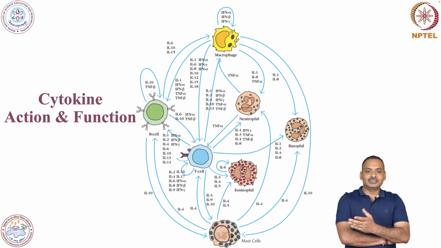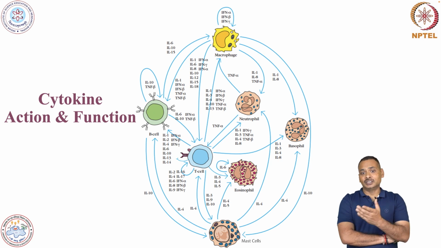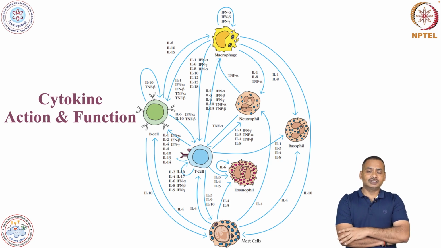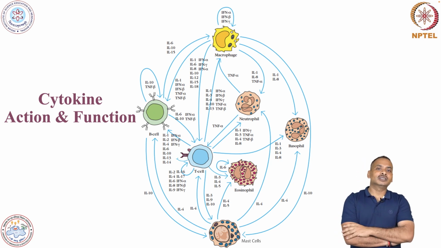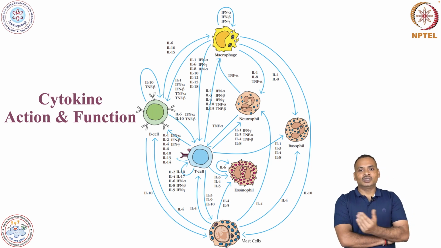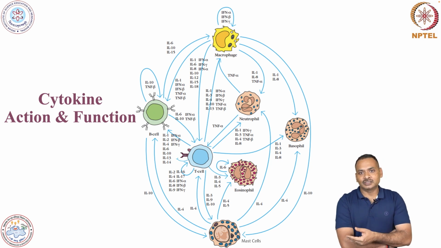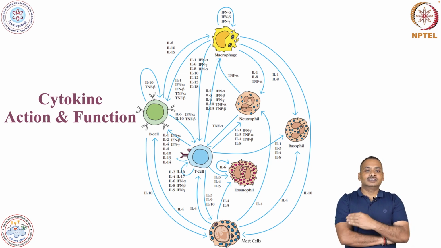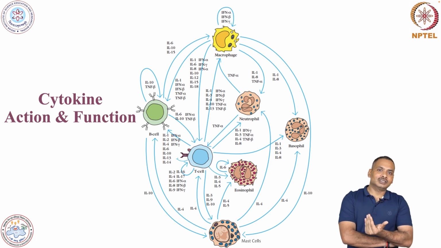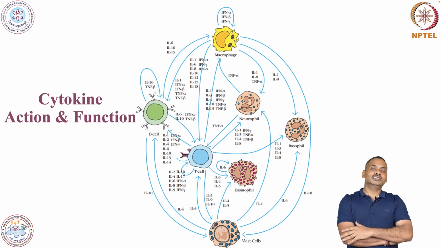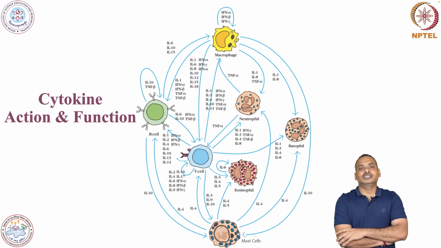Another is IL-6. If you see the eosinophils, IL-6 is produced by the eosinophil and acting on the eosinophils. T cells produce various cytokines, and these cytokines are produced by a particular subtype of T cells and act on the same cell type.